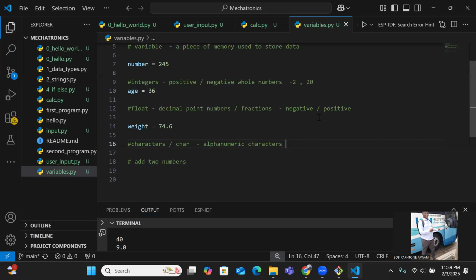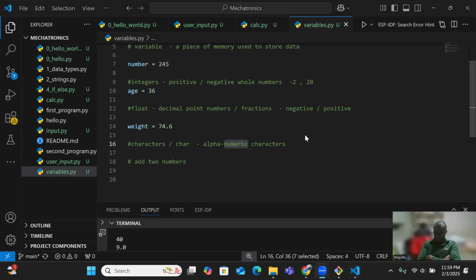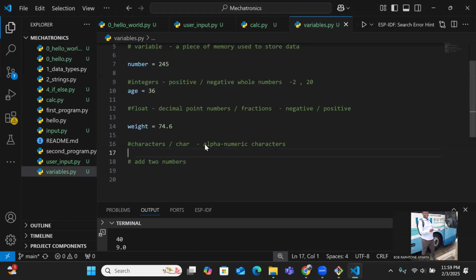Alphanumeric comes from two words: alpha, which stands for alphabet, and numeric, which is numbers.